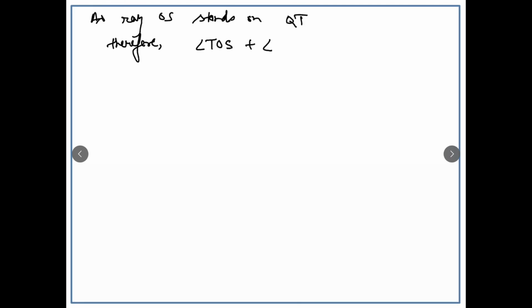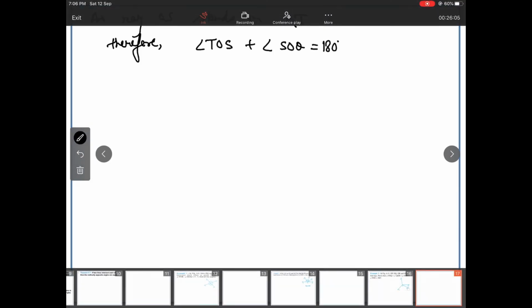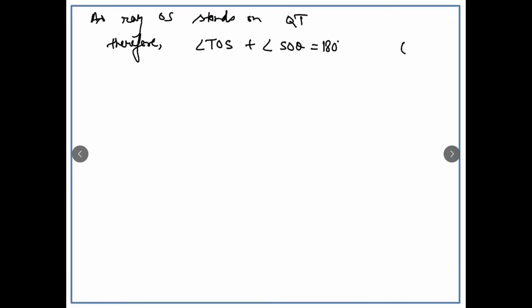So I'll write, ray OS stands on QT, therefore the sum of angle TOS plus angle SOQ will be equal to 180 degree, and this is also by axiom 6.1.